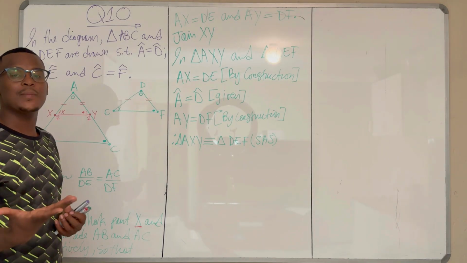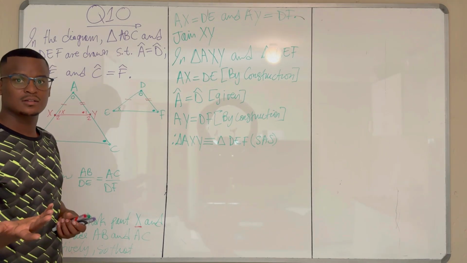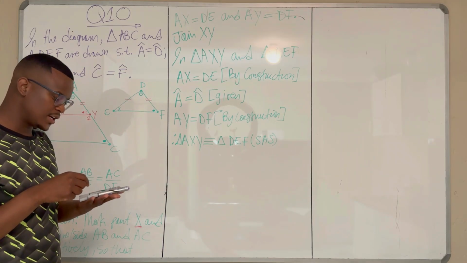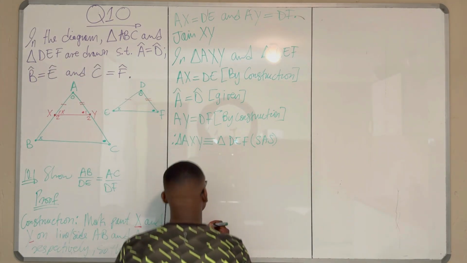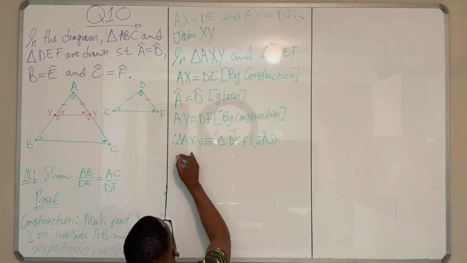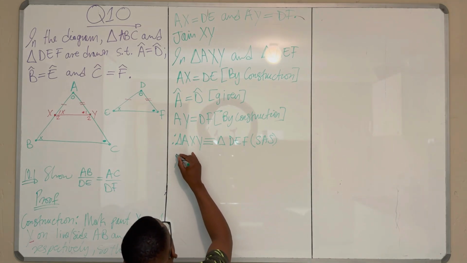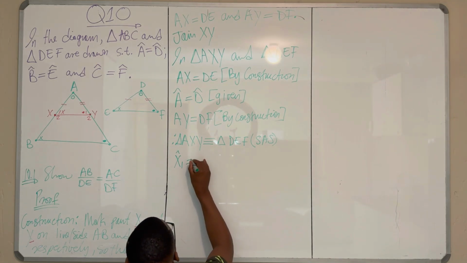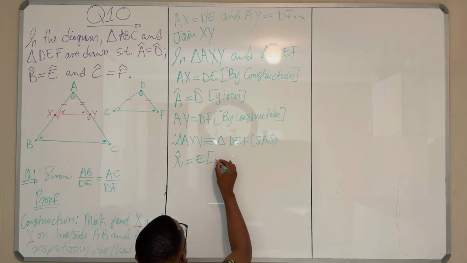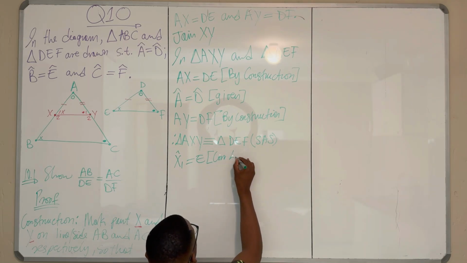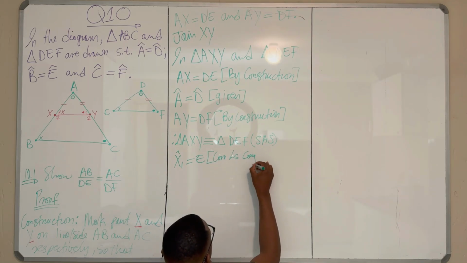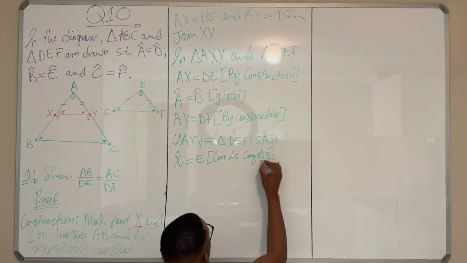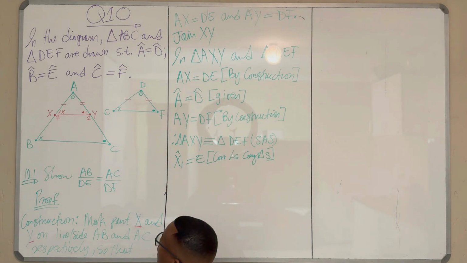So you're looking at the same angle of identical triangles. Angle X1 is equal to angle E. Why? These are corresponding angles of congruent triangles.